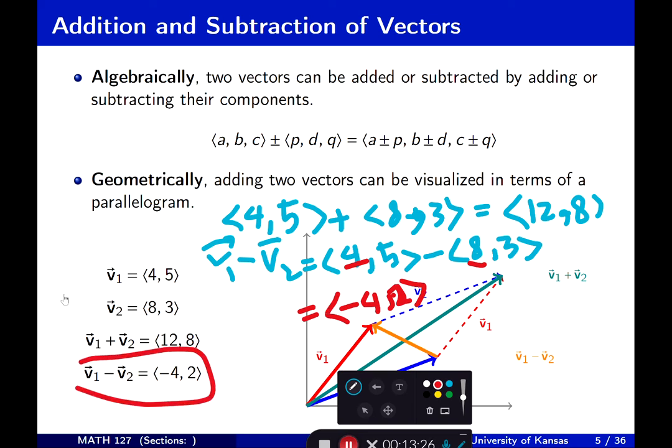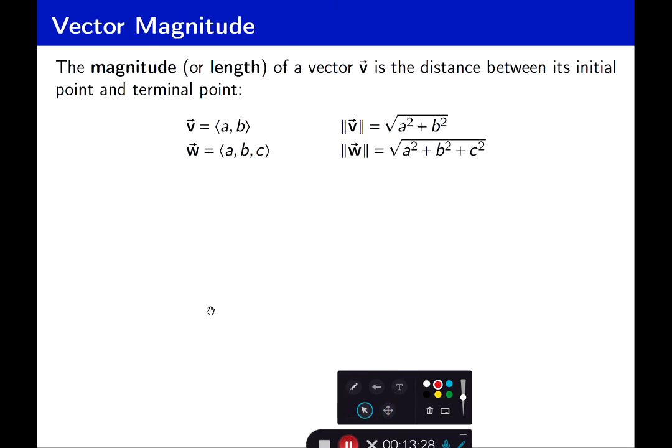So those are addition and subtraction of vectors. Now, how do we find vector magnitudes? We talk about vector magnitudes a lot, but I haven't shown how to find them. The notation is a double line around the vector.